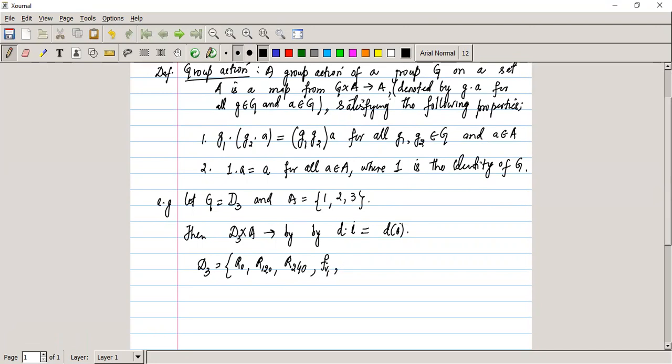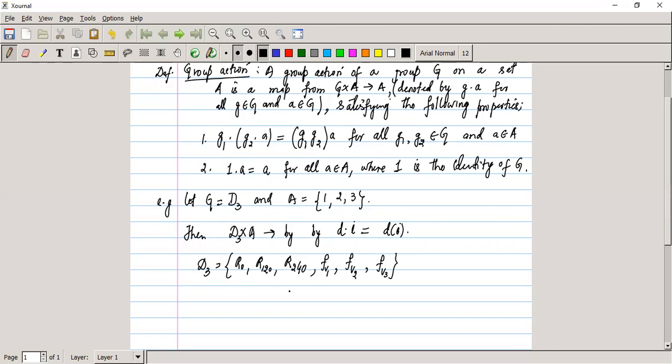Then this is the reflection that keeps the vertex V1 fixed and moves the other two vertices. Then this is the reflection along the vertex V2, and this is the reflection along the vertex V3. So these are the six elements of D3. These elements act on the set 1, 2, 3.